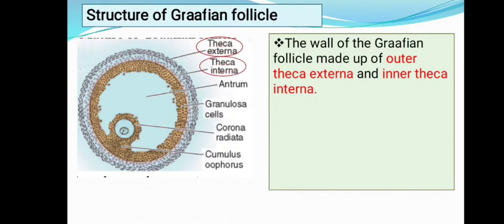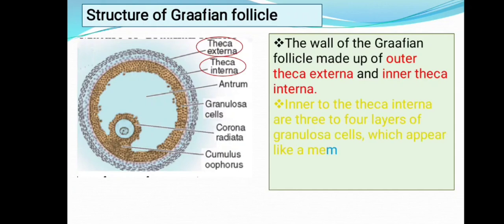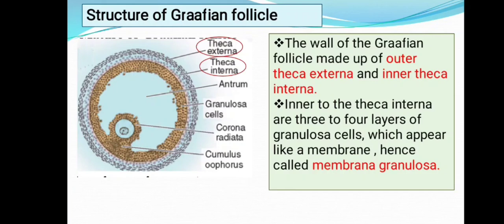Inner to the theca interna are 3 to 4 layers of granulosa cells, which appear like a membrane. Hence it is called membrana granulosa.